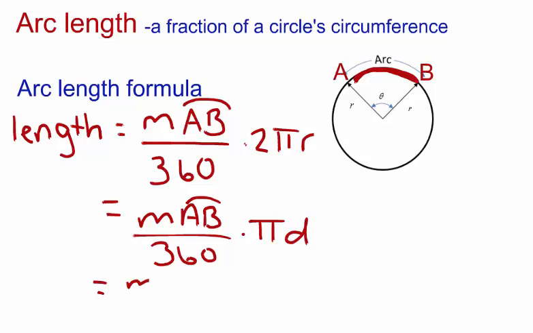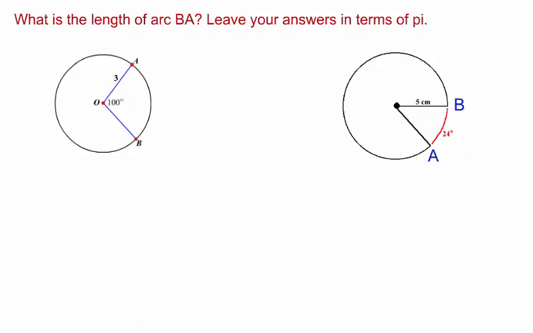So you can also think of the measure of arc AB over 360 times pi d, or lastly, it's just measure of arc AB over 360 times your circumference. So that formula does need to be memorized.